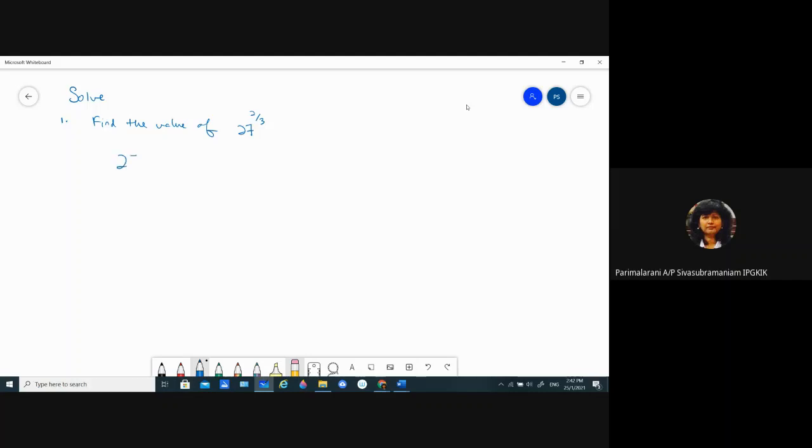So you know that 27 to the power of 2/3 equals the cube root of 27, the whole thing squared. Okay, so the cube root of 27 is 3. 3 squared is equal to 9. Any problem? Question 1.